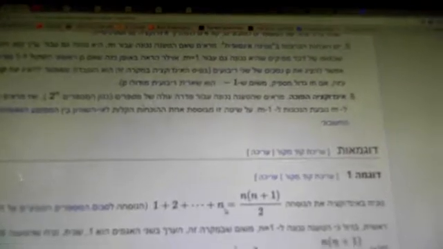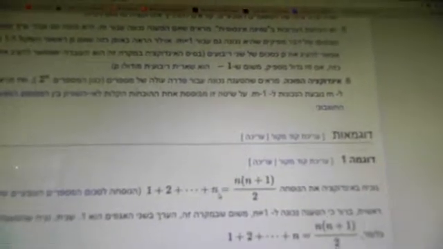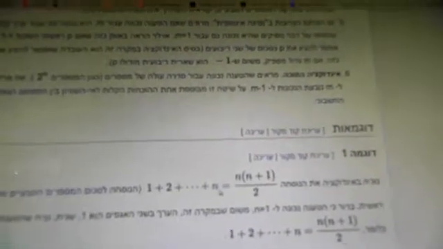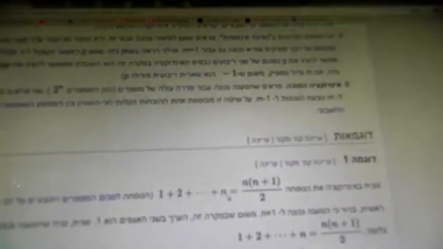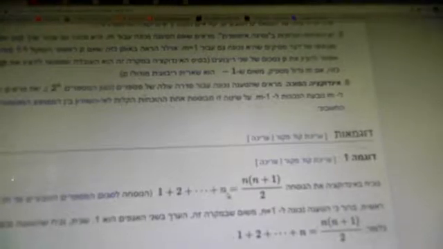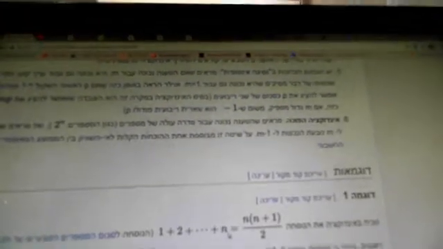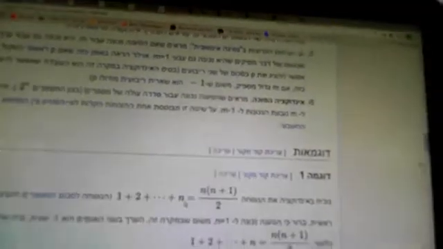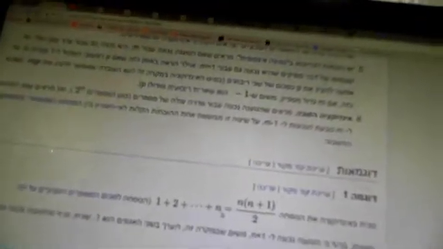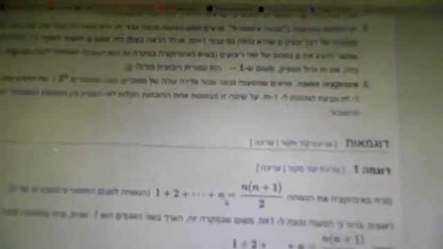We can check also for n equals to 2, but it's not necessary. It is sufficient to check only for n equals to 1. So we checked our statement if it's true for n equals to 1.